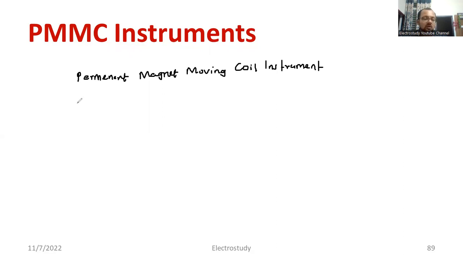It works based on the principle that whenever a current carrying conductor is placed in a magnetic field, it experiences a torque, same as the DC motor you must have learned. Therefore, we can say that there is a deflecting torque. Whatever I mentioned is there's a production of torque whenever a conductor is placed in a magnetic field.